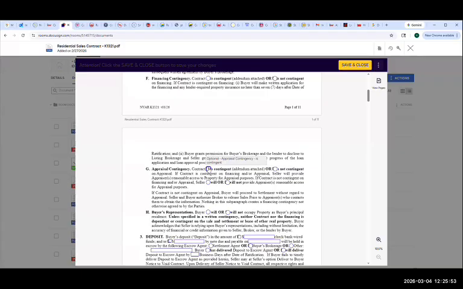Question: in Virginia, if you add a financing contingency, is the appraisal automatically covered like it is in DC? Or is it just not contingent on appraisal, even if you have a financing contingency? That depends on the type of the loan, not so much on the contract.